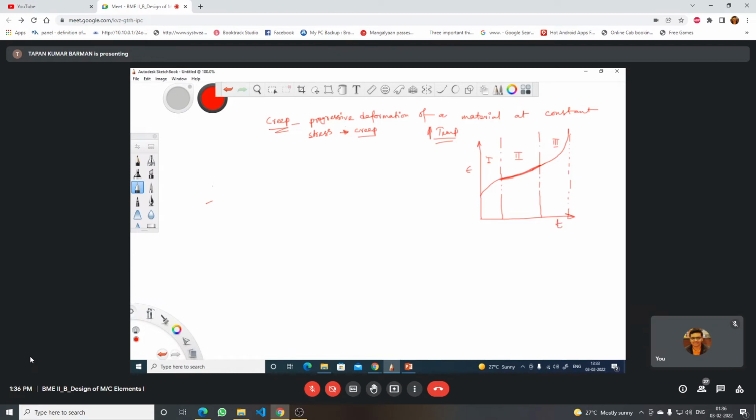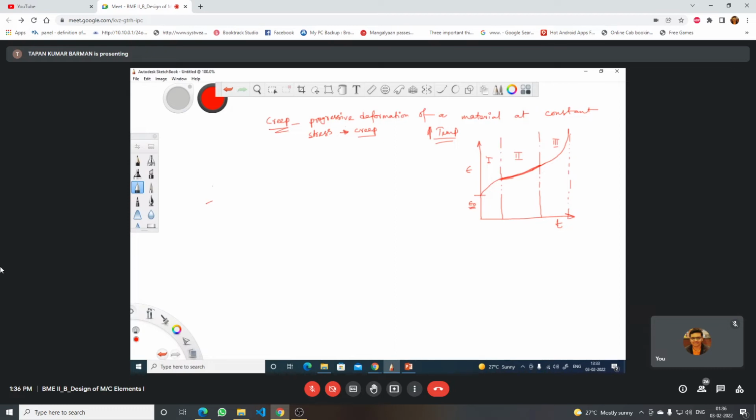Okay. And when the load will be applied initially, one strain should be induced in the material. So that is basically epsilon O. Now this type of creep test can be done using constant load or constant stress.